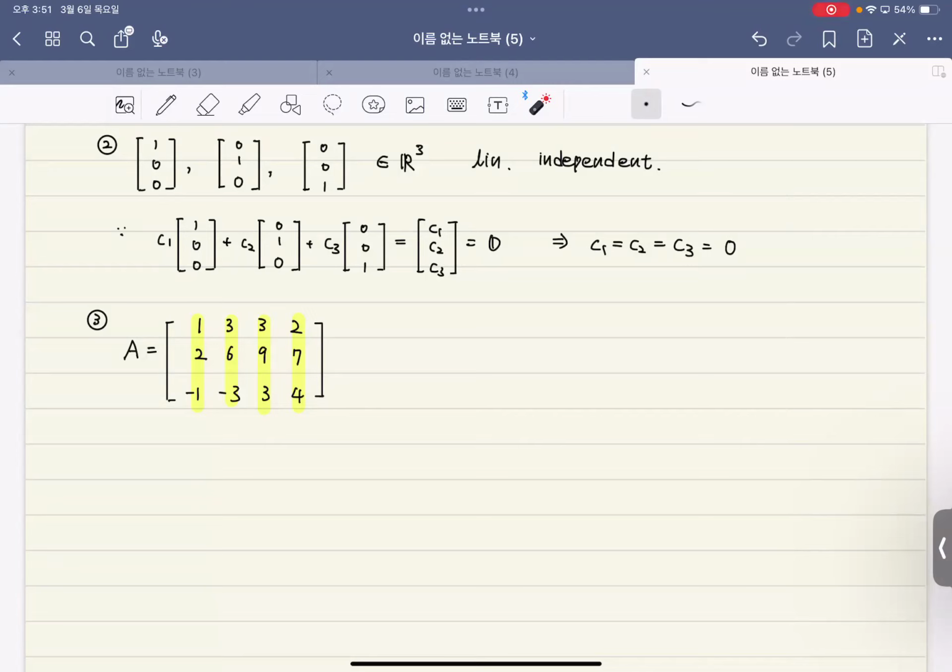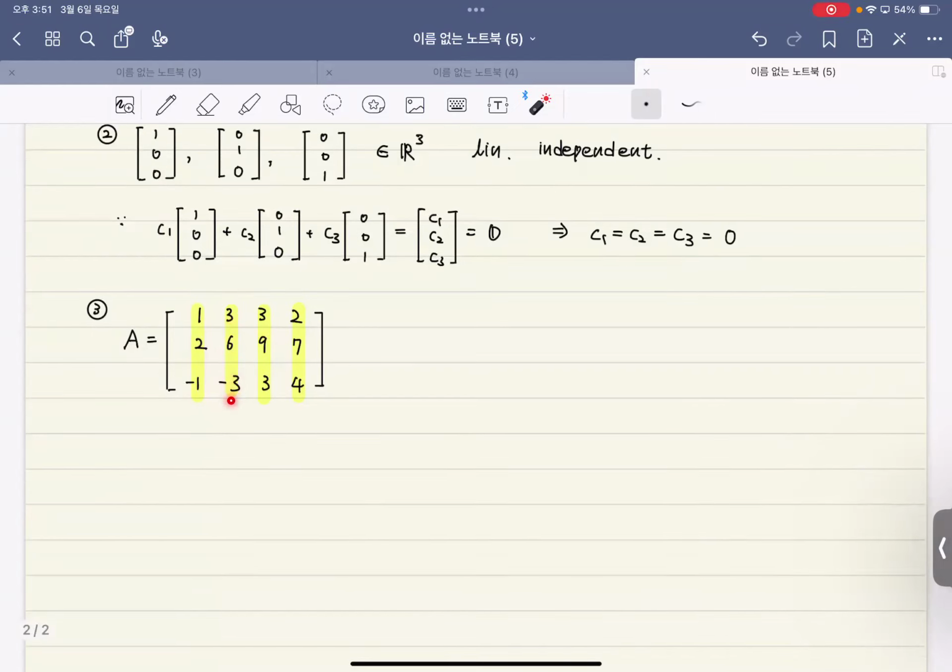Well, actually, this question is very easy. If you're paying enough attention to these vectors, then you can easily realize that the second column vector is nothing but 2 times the first. So 1 times this, minus 2 of this, plus 1 times this, plus 0 times the third, plus 0 times the fourth is going to be 0, right?